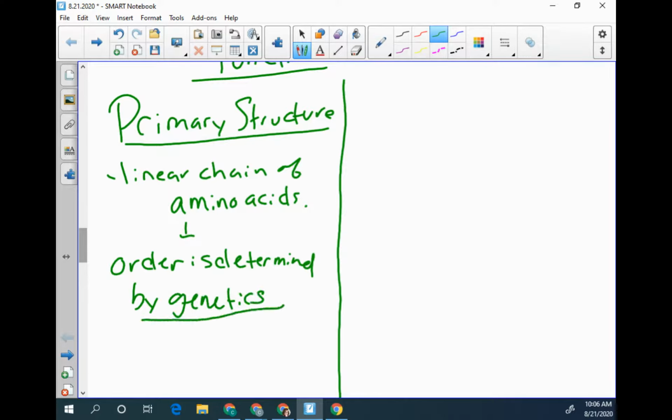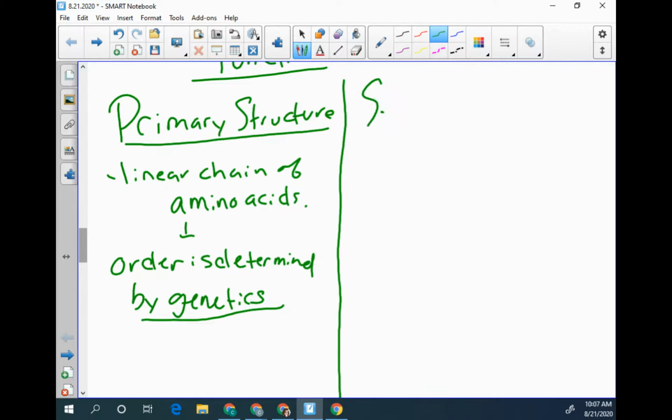So all proteins are coded for in DNA. The DNA gives the directions about which order those amino acids are going to be formed in. So our primary structure is our linear chain of amino acids, and the order is determined by genetic information. And that's level 1.